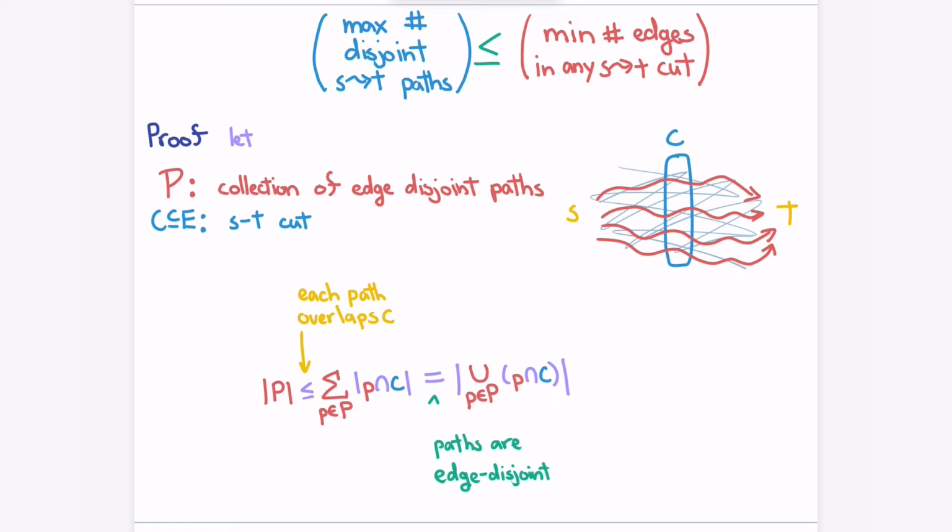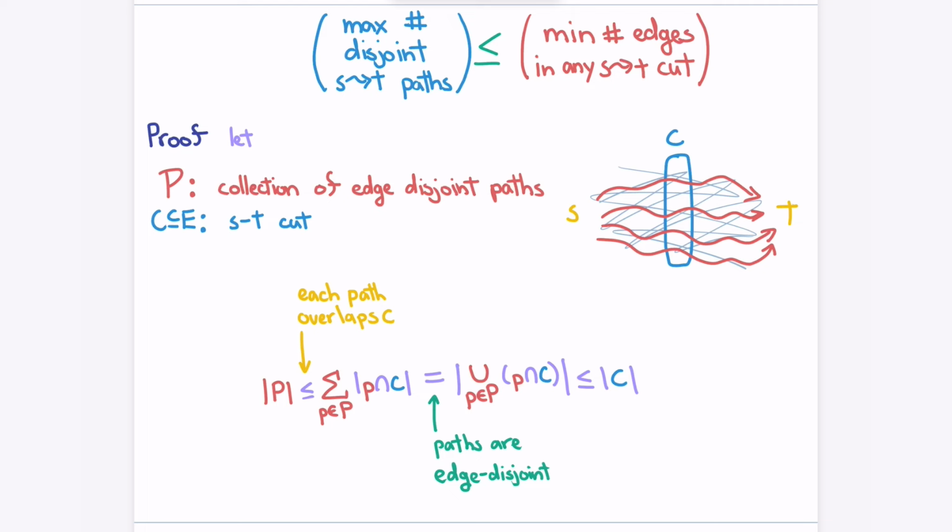And I know the paths are disjoint. So taking that union and the sum is the same. I'm not double counting anything. And then finally, now we're just looking at parts of the cut and taking the union of them, and they're disjoint parts. Or no, it's already taken the union. So this is at most the size of C.